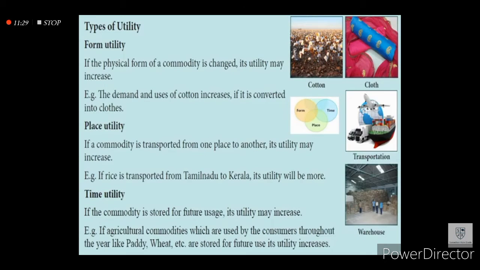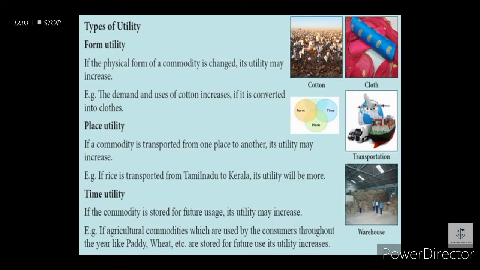Once you change the form of the commodity, its utility may increase. Then it is called form utility. When you transport or move it from one place to another, its utility increases. Then we say it is place utility. We store a product for some time, later release it in the market, then it is called time utility. So the different utilities are form, place, and time.